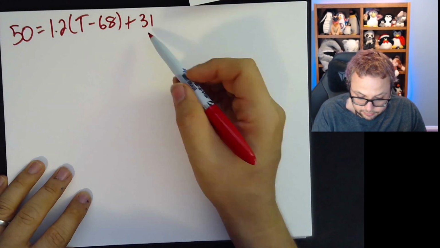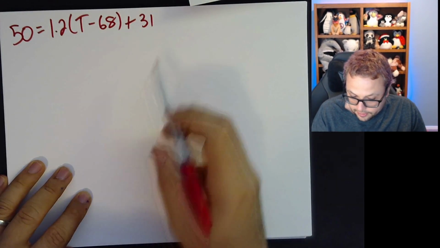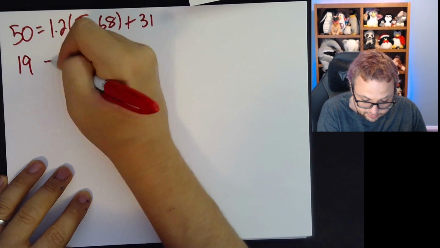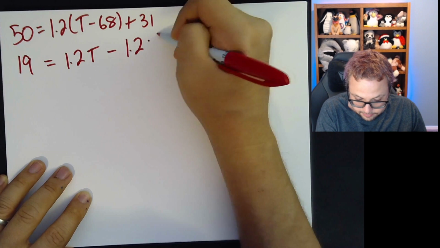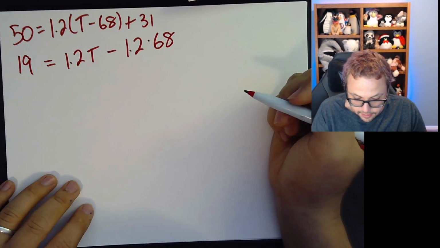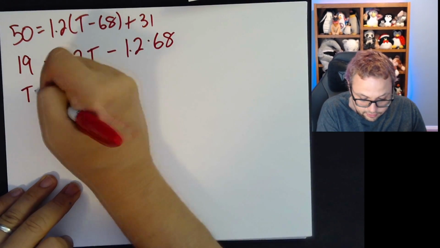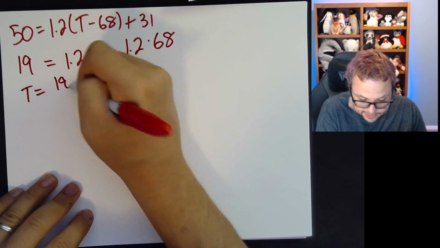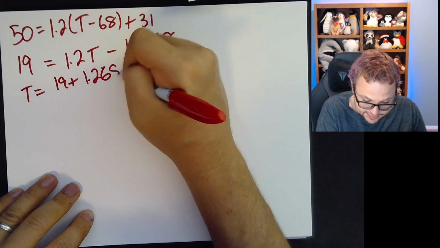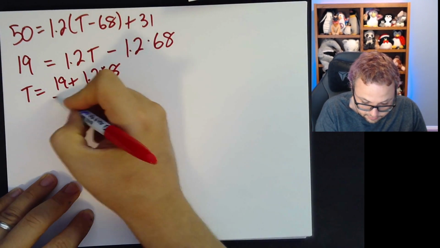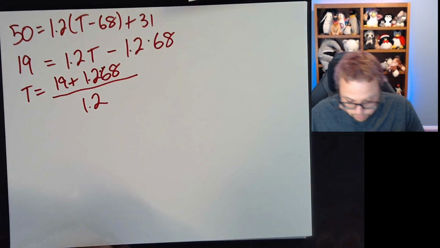So I can go ahead and subtract 31 from both sides. That's going to leave me 19 on this side is equal to 1.2 T minus 1.2 times 68. And so T is going to be 19 plus 1.2 times 68, divided by 1.2.